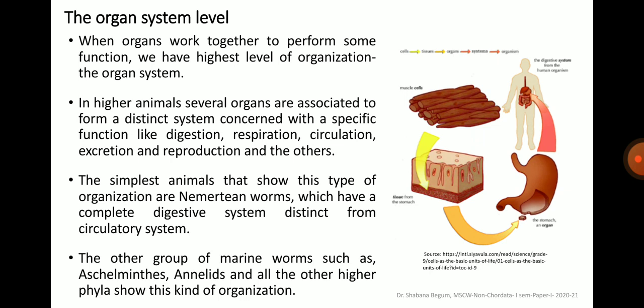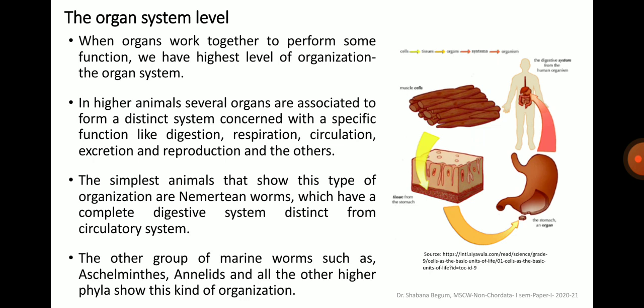The next type is the organ system level or grade of body organization, where organs work together to perform some functions. This is the highest level of organization, that is the organ system. In higher animals, several organs are associated to form a distinct system concerned with a specific function like digestion, respiration, circulation, excretion, and reproduction.